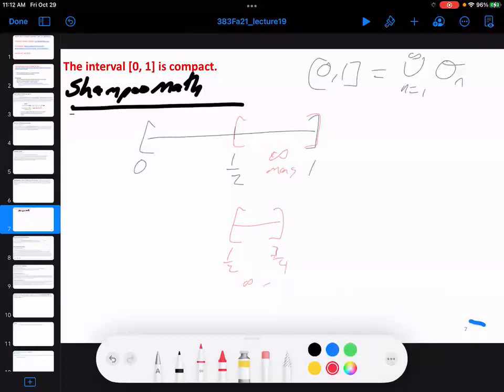Infinitely many. And so we had our a_n and our b_n converging to some point x. And this could not be covered with finitely many. But because there exists an n such that x is in O_n, then we know eventually that it can be covered by finitely many, by just O_n. And that's the contradiction. All right.